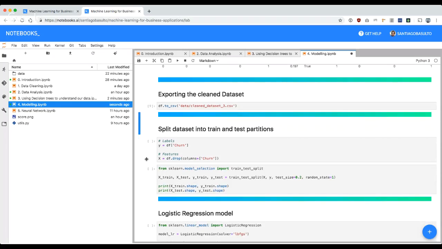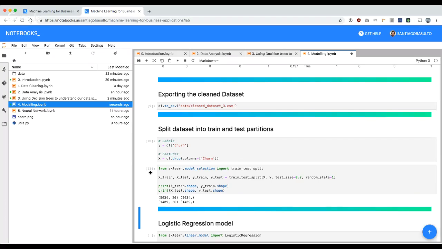And now we're going to start the prediction with multiple machine learning models. The first thing we're going to do is split our data, something that we did in our previous notebook, but I skipped on purpose. In this case, we want to divide our data set in two big parts.